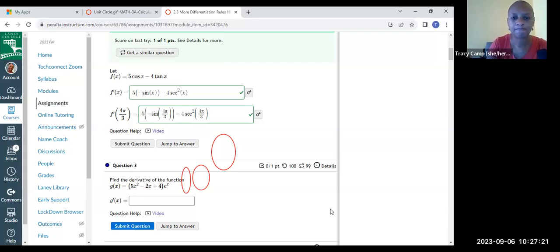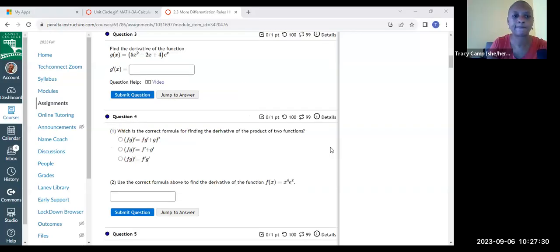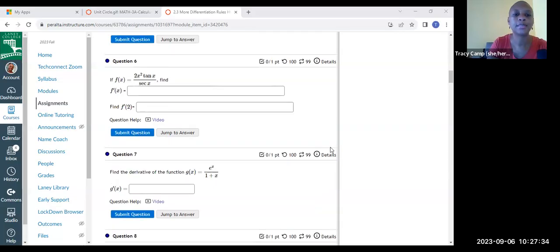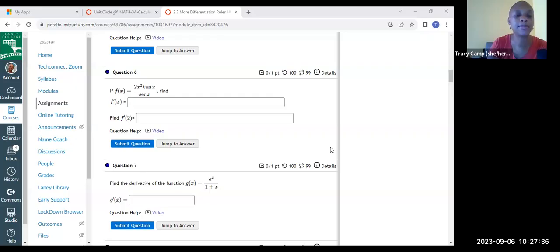Let's look at another problem, one that requires more work. Number 6 is a lot. The reason I'm saying number 6 is a lot is because notice that you have 2x squared times tangent x over secant of x.